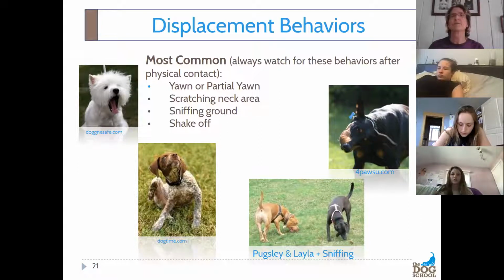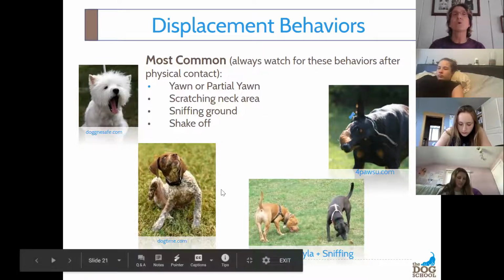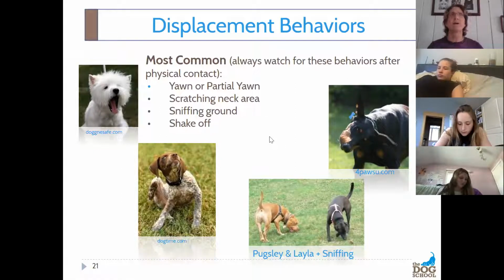Okay, thank you. Excellent. So these are four displacement behaviors, and what the dog is displacing is whatever emotion it was feeling prior to the displacement behavior. You'll most commonly see them after two dogs greet each other, or if two dogs are getting in a tussle over a toy, like who's going to get the toy.